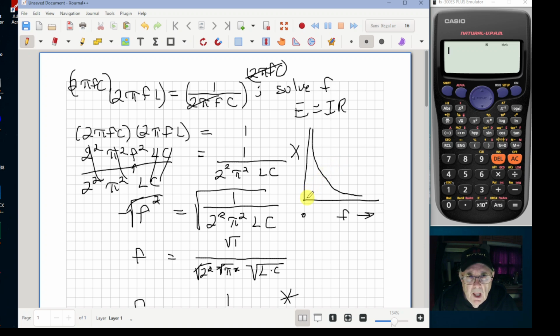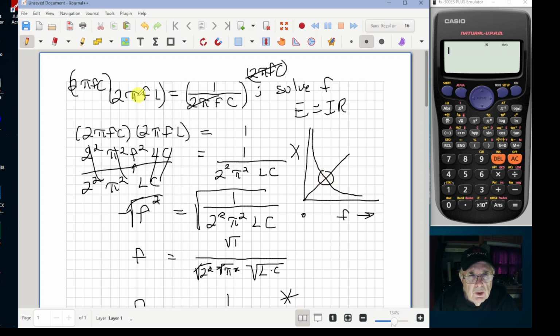If we plot our 2 pi FL, which is the reactance for the inductor, since it's directly proportional to frequency, it's a straight line function, so it will come out like this. Resonance occurs where these two are equal.